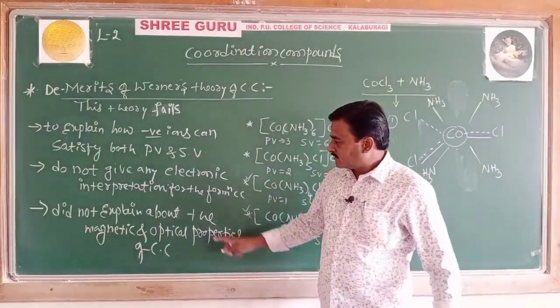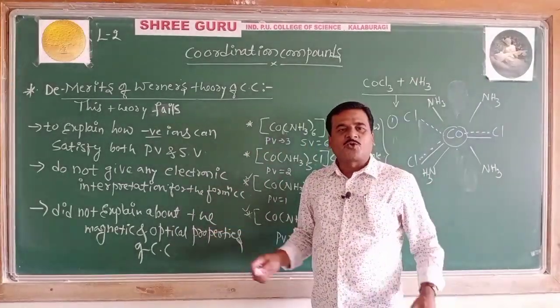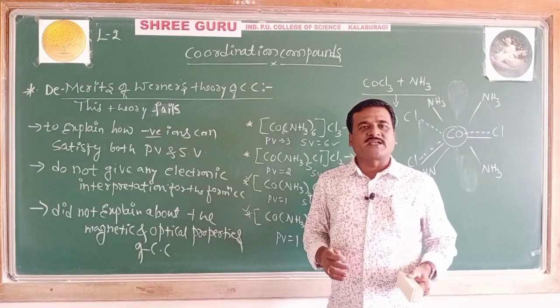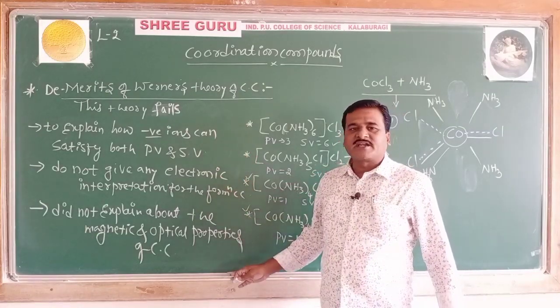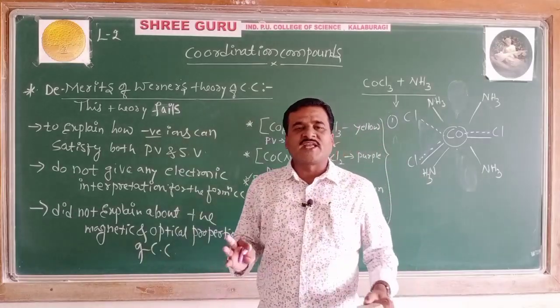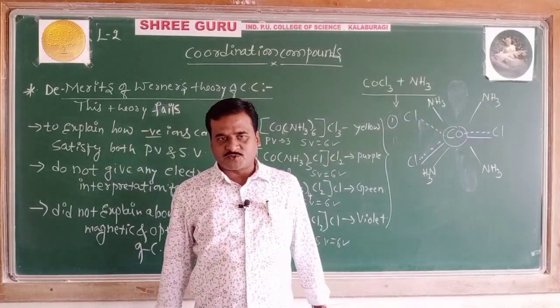Werner's theory fails to explain the magnetic and the optical properties of the complexes. So these are the three demerits of Werner's theory of coordination compounds.